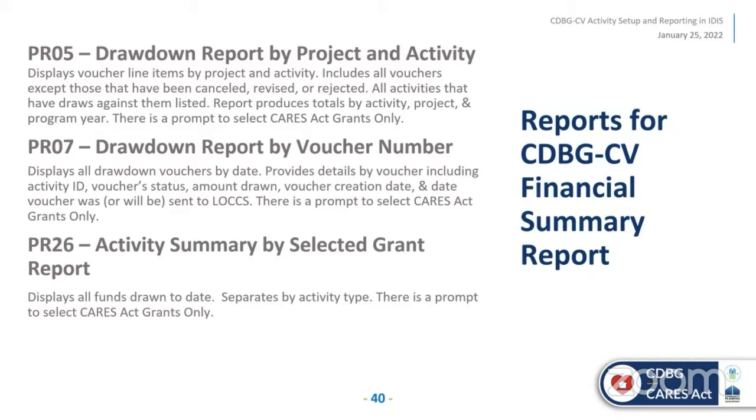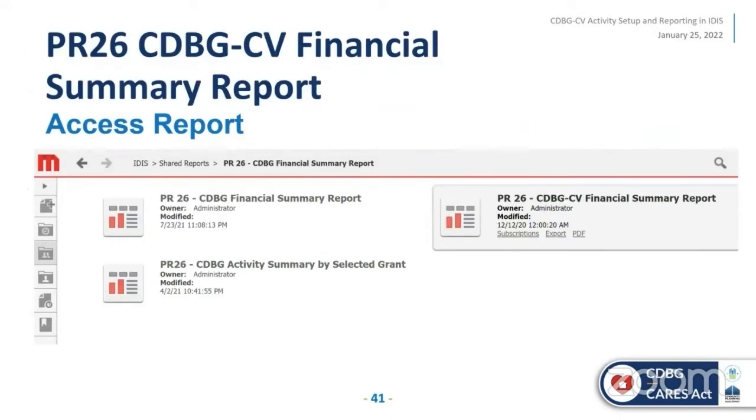Also, the PR07 report is the drawdown report by voucher number. And that one will tell you all of your draws done to date or within a specific date period if you select that. And that can also be helpful to compare to your PR26 report. And the PR26 activity summary by selected grant report can also be helpful. And Laura's going to talk about that a little bit later. Here's the section.